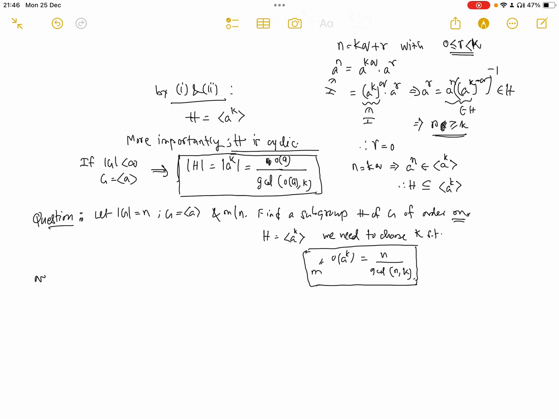Or for the next question, you can ask whether, if you find one subgroup, say I'm saying that there is one subgroup H for any divisor of n, but now the question is how many subgroups for a particular divisor do you have? Suppose there is more than one subgroup of order m inside the cyclic group G of order n.